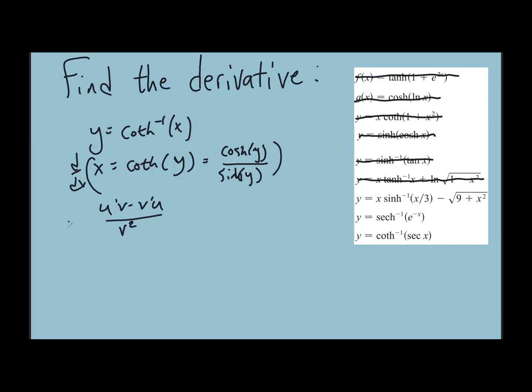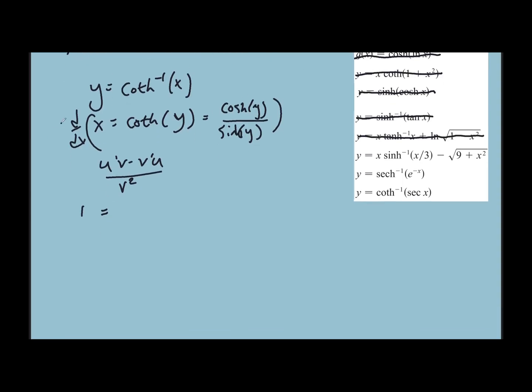And that's going to be 1 equals u prime. And we know the derivatives from the explainer videos I'm sure you watched. The derivative of hyperbolic cosine is hyperbolic sine, and vice versa. It's actually easier than regular trig derivatives somehow. It just looks scarier.